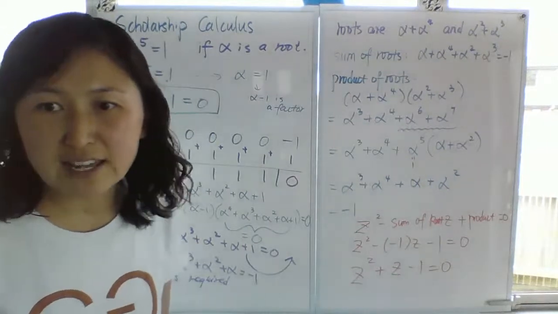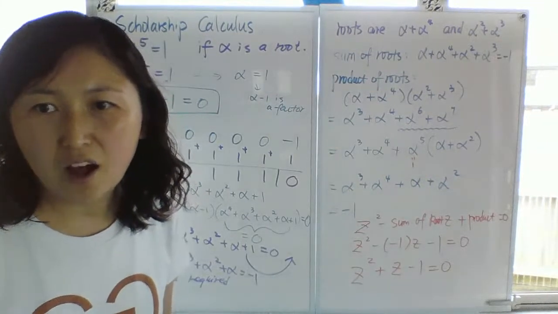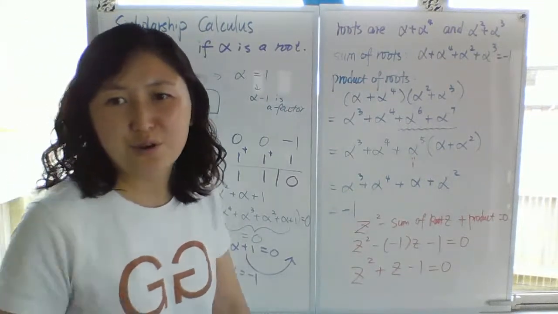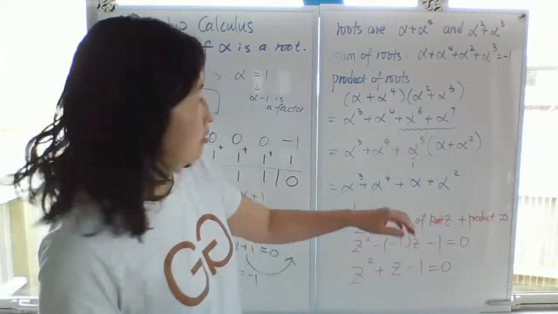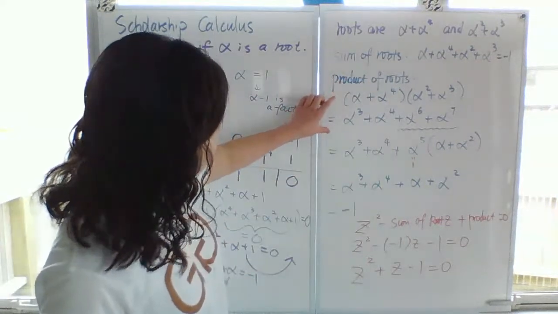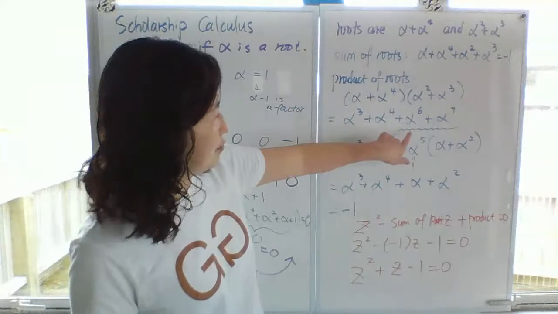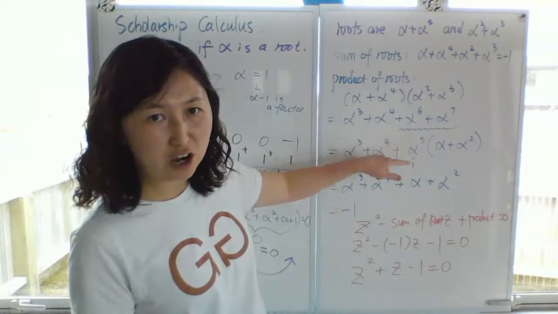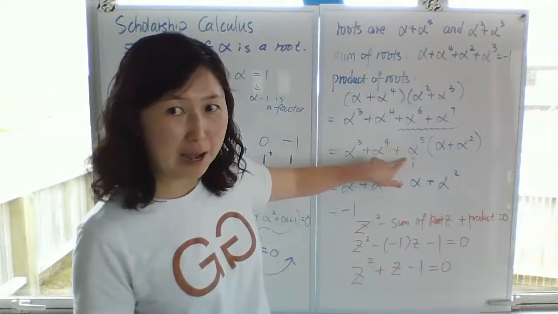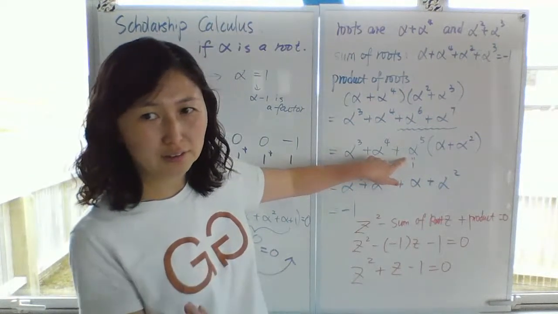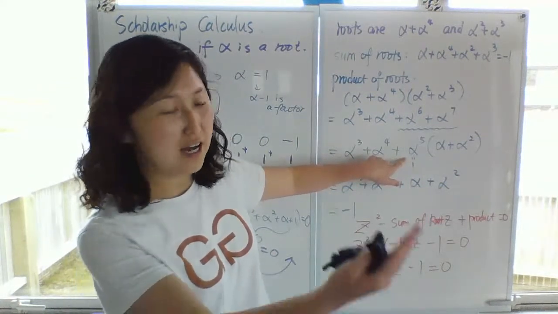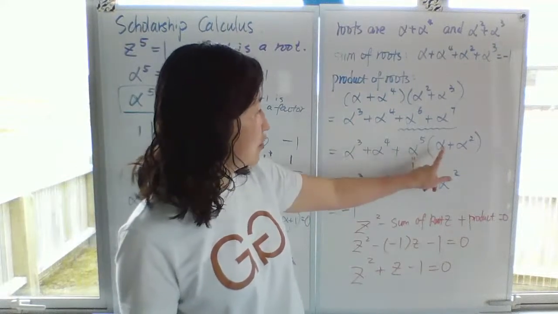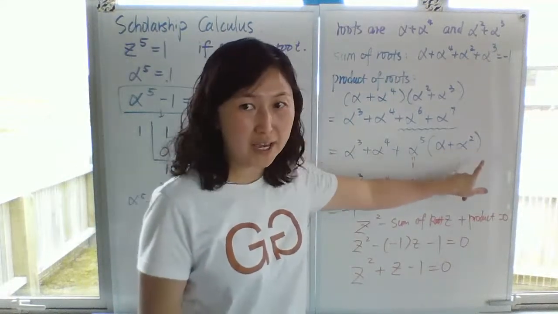So does everyone understand why the product of the roots is -1? Okay, Josh, what you need to do is pay attention here, especially this part. You can see the wavy line here. What I have done is I take the common factor of alpha to the power 5 out. So I took the alpha to the power 5 out, so that will give me alpha plus alpha squared.